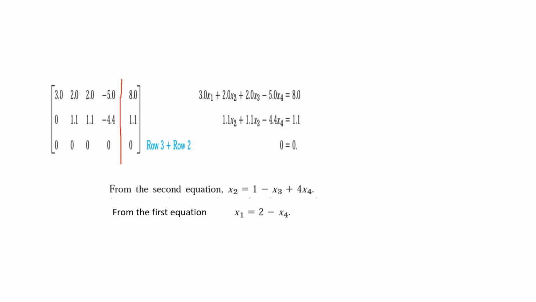From the second equation, we can write x2 equal to 1 minus x3 plus 4x4. From the first equation, we get x1 equal to 2 minus x4. Here, we can assume different values for x3 and x4 to get unique values for x1 and x2.